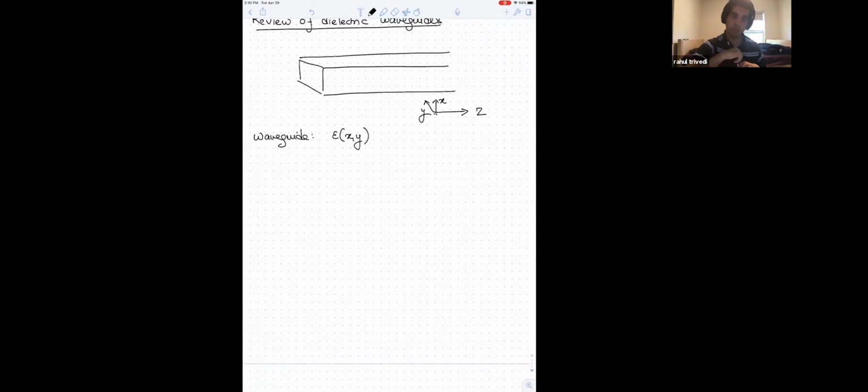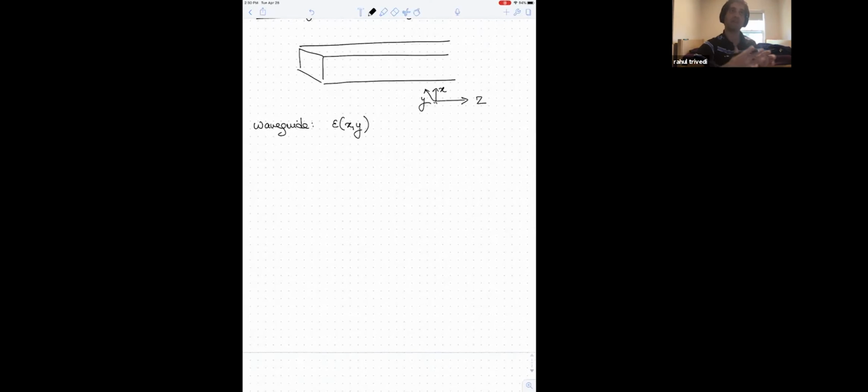As you might have seen in an electromagnetic class, when you characterize the modes of a waveguide structure, you write down your electric field modes. Because it is translationally invariant in the Z direction, you can assume a plane wave-like solution in the Z direction. Because it is a more complicated permittivity distribution in the X and Y directions, in general you'll have to use more complicated techniques to figure out the X and Y dependence.